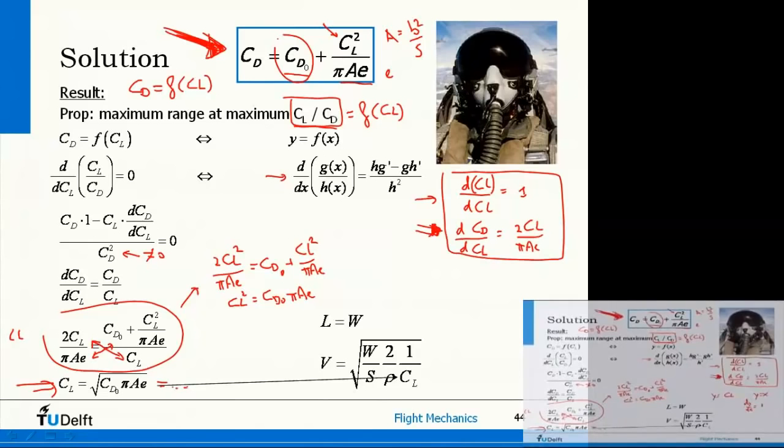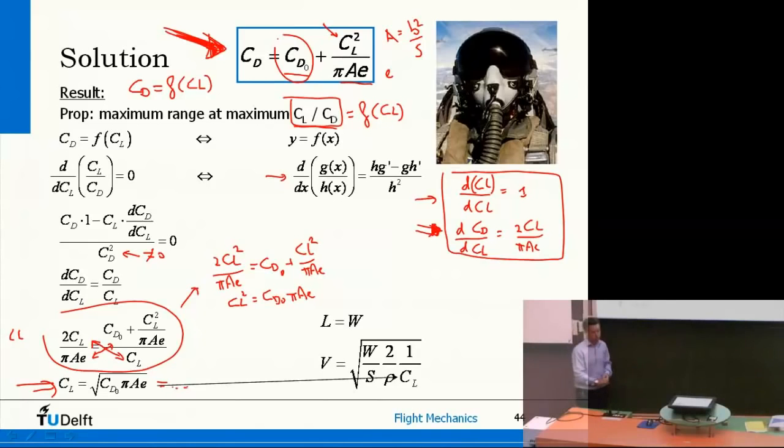And the same holds for the derivative of CL with respect to CL, that's 1. The second one, if I take the derivative of the drag coefficient with respect to CL, then I'm taking the derivative of this equation here on the top. So CD as a function of CL: the derivative of CD0 is 0, and then I get 2CL over pi AE. Is that clear?